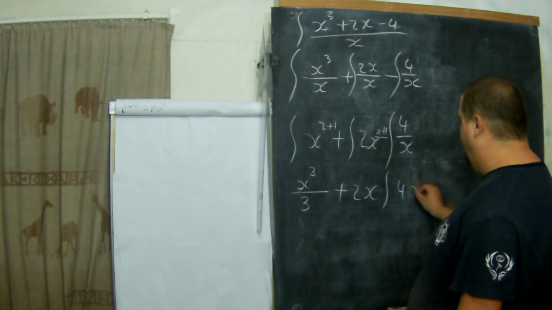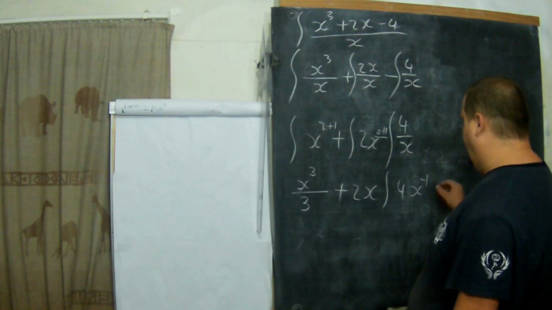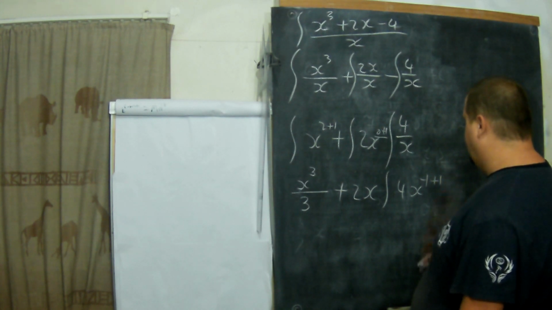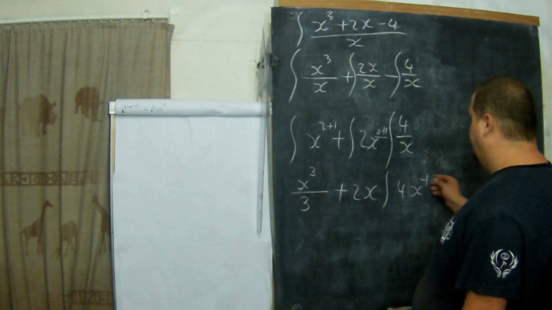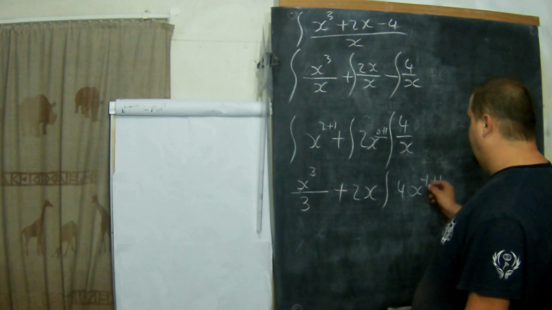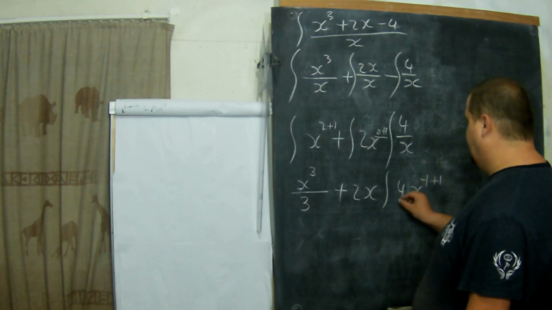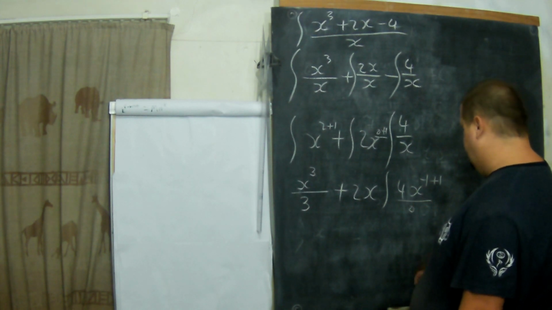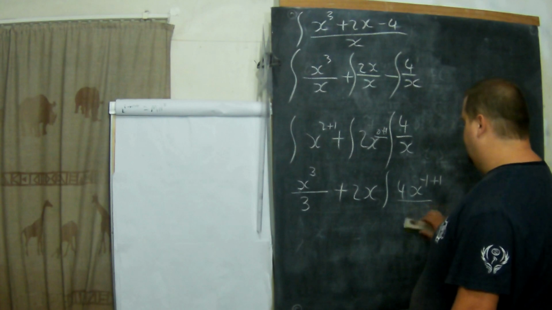We're going to say 4x to the minus 1. So minus 1 plus 1 becomes 0. So it's just plain 4.